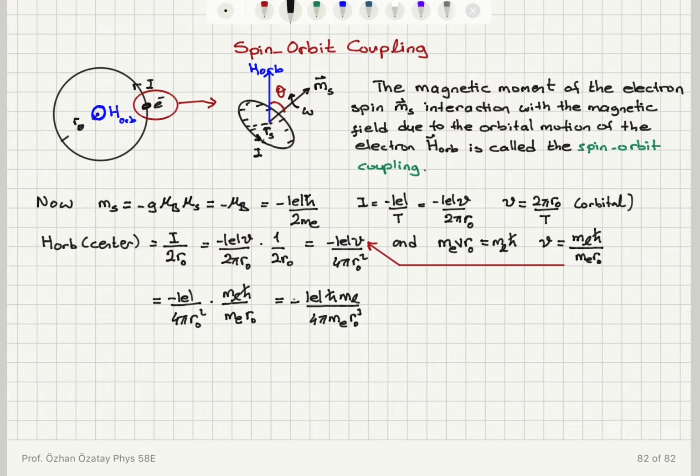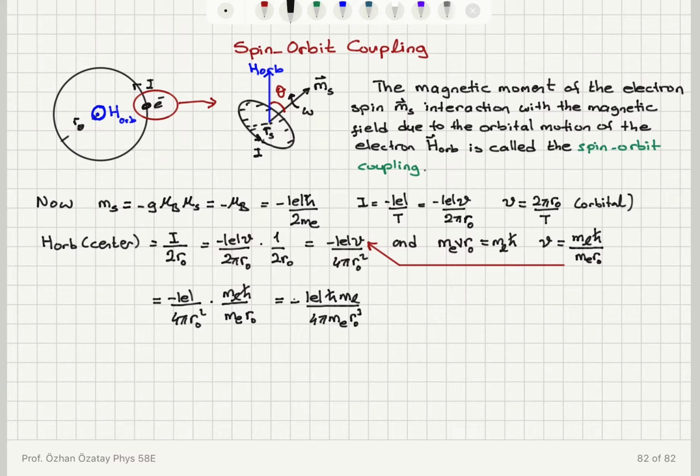So I have two ingredients ready for me. One is the magnetic moment of the spin. Two is the magnetic field at the center. So basically I'm looking at the interaction between the magnetic field at the center and the magnetic moment of the spin.